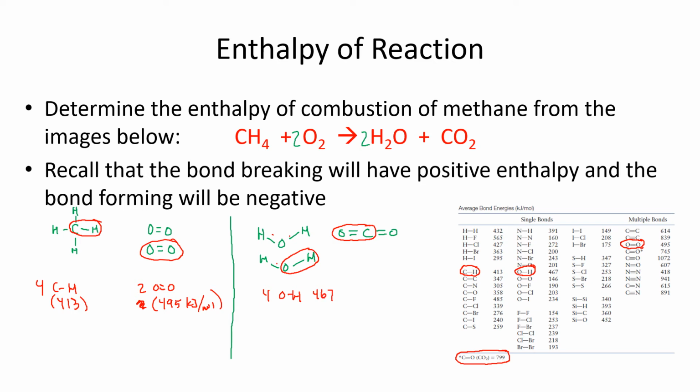And we've got 2 C double bond O bonds, which are 799 kilojoules per mole. And this would be like 2 moles, and then it cancels out, and you end up with kilojoules. So let's see what the total amount of bond energy is here and the total here.